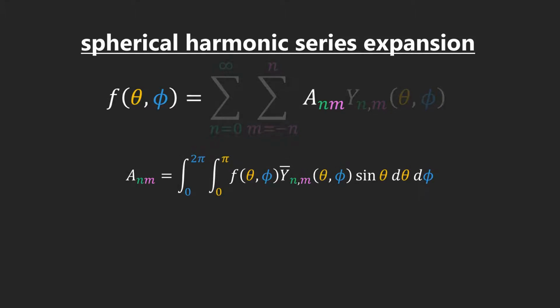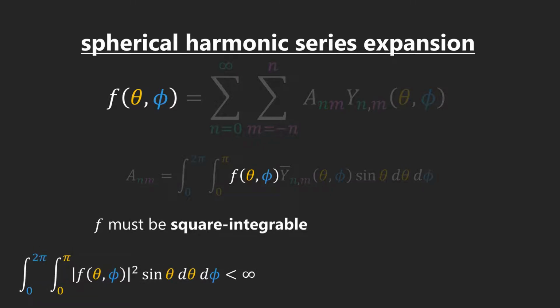That coefficient for any pair n-m is itself a double integral over the whole sphere, of our desired function times the complex conjugate of the corresponding spherical harmonic times our surface area element sine theta. That function f has to be square integrable, which means that the integral of the square of the absolute value of f times our surface area element over the whole sphere has to be a finite number.